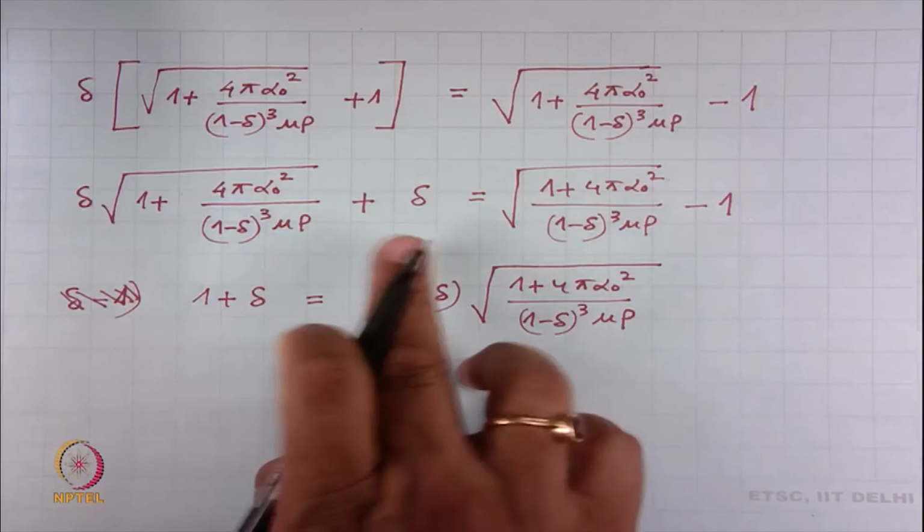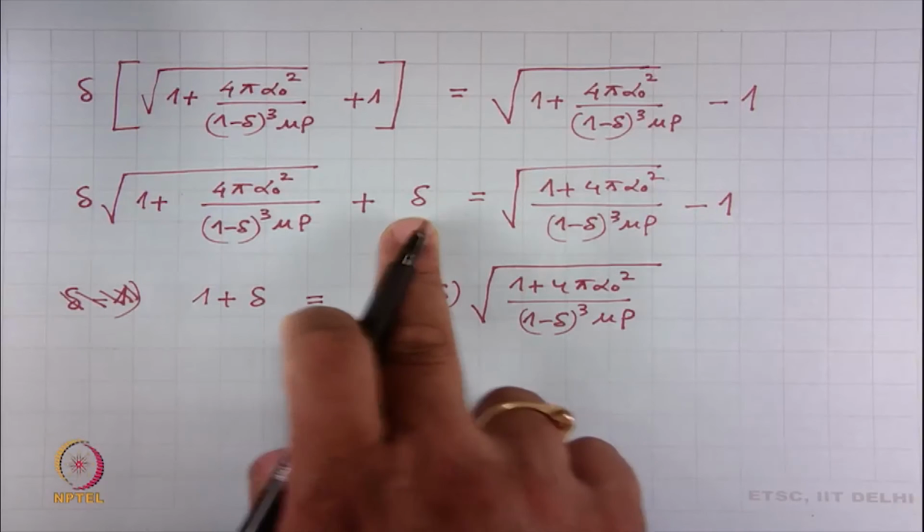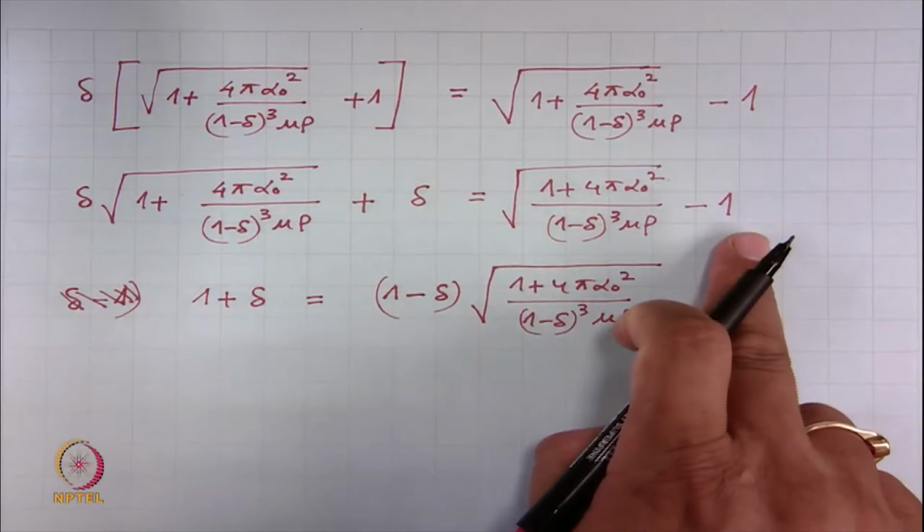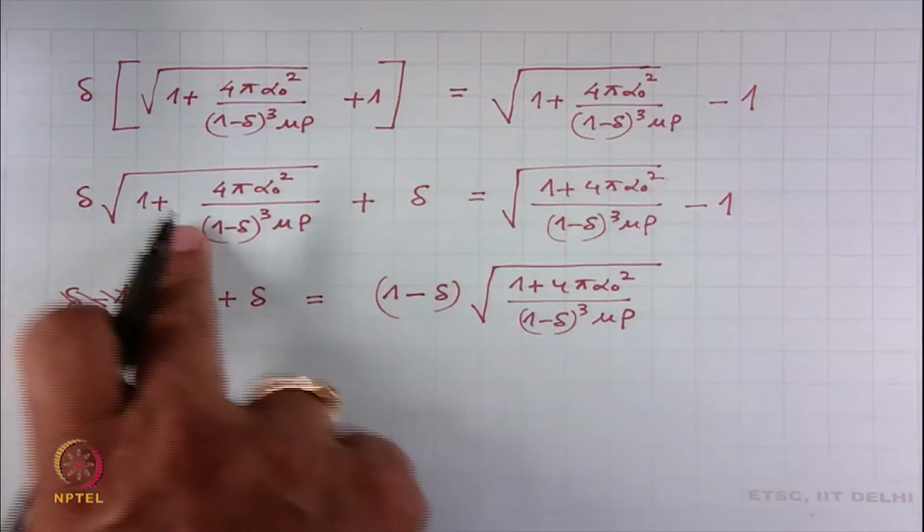So, what we did? We basically put this 1 in this side and we take this to this side.